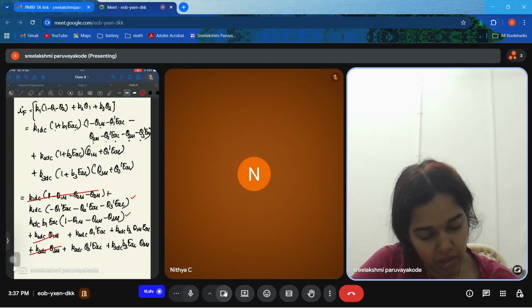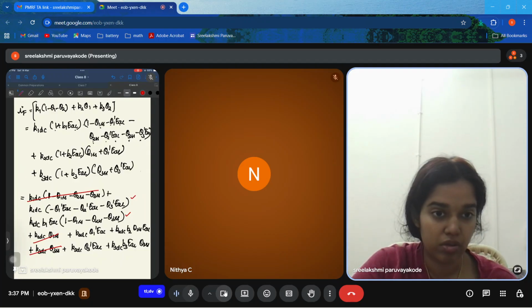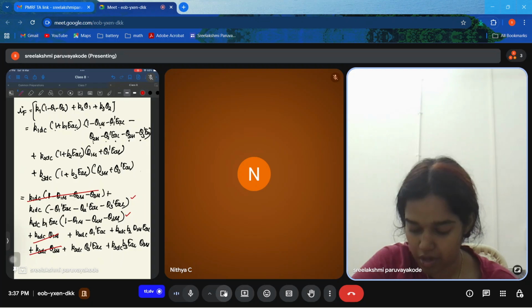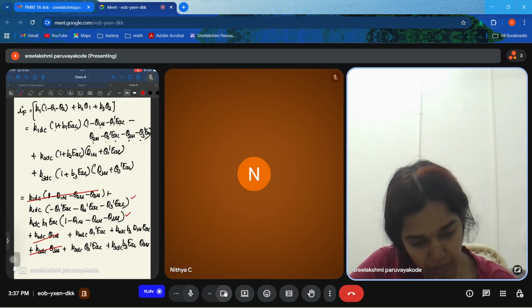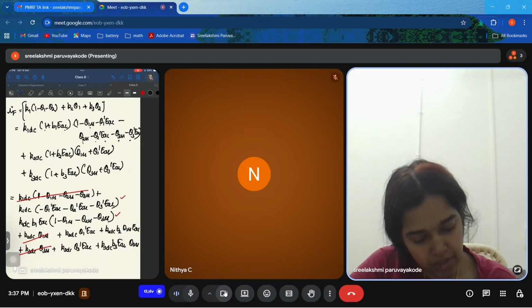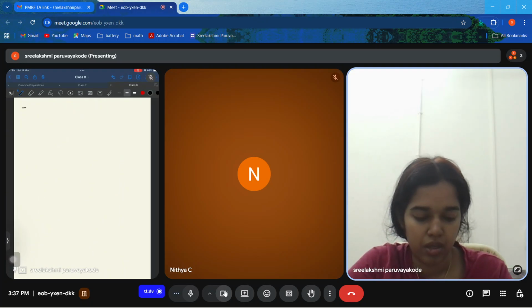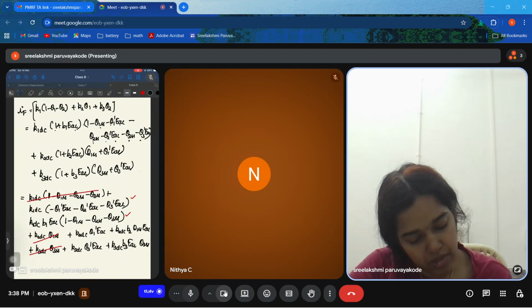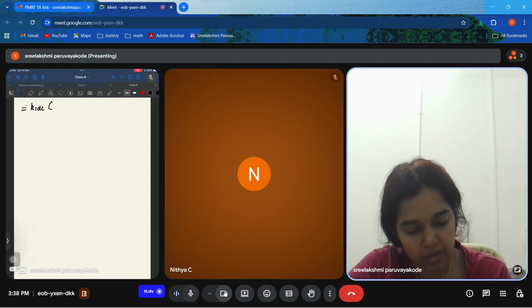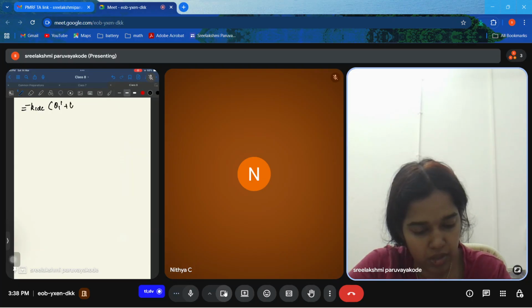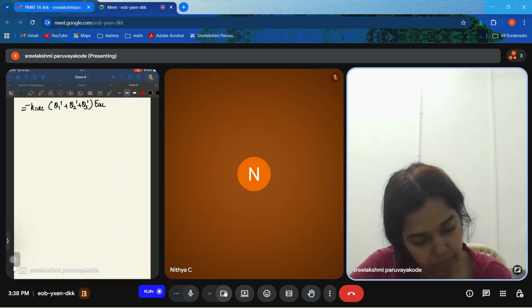Now, let us rearrange it: those terms which have theta 1 dash, and those terms that do not have theta 1 dash. So it becomes K1 DC theta 1 dash minus K1 DC (theta 1 dash plus theta 2 dash plus theta 3 dash) into EAC.